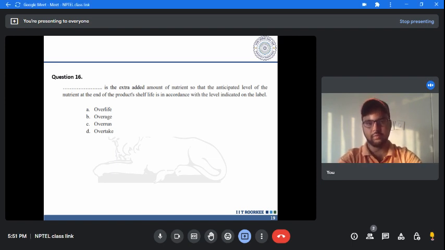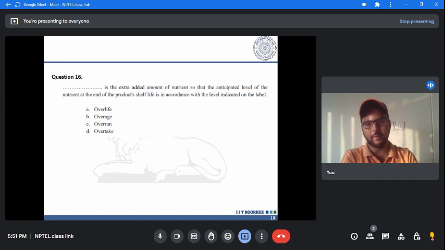So you need to tell what the term is called when an extra amount of nutrient is added. The anticipated level of the nutrient at the end of the product means when we are consuming any product at the end of its shelf life, in accordance with the level indicated on the label.